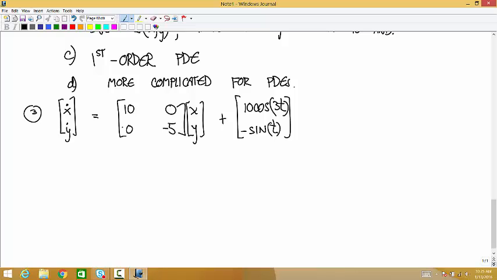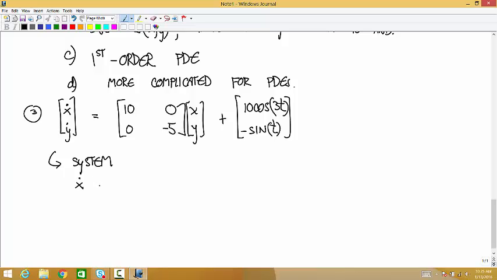How many people have seen matrix multiplication like this before? Or how many people have not? It's easy to do. Okay. Well, I'm going to rewrite this as two separate equations. There are two different ways to write this. So this is a system of equations.